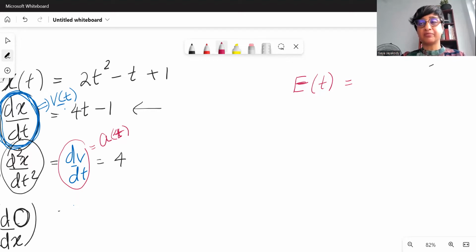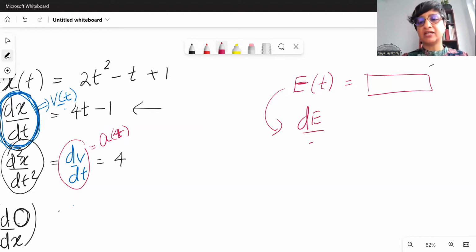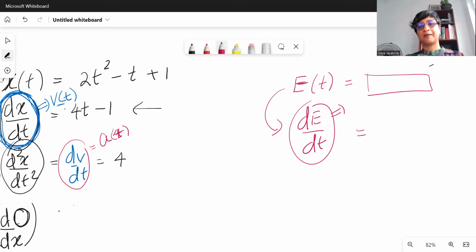So if you have the function of how work is done with time, and if I differentiate this, dE by dt or dW, whether we say work done or energy, both are the same. Physically, what is this? What is the derivative of energy? Or the derivative of work done is what?